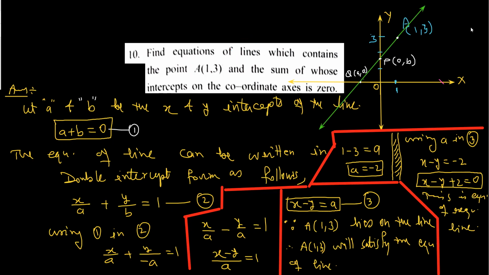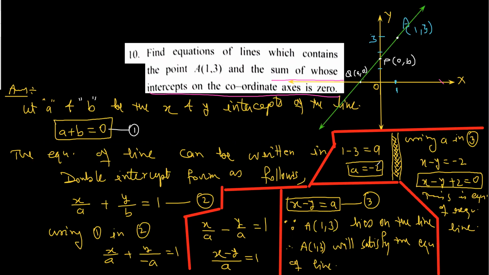Students, as I said, there could be two lines. Yes, I got the idea how they see. They are saying lines. So as I said, there could be two lines. The next line is to be obtained from the case which they have given. What was the case? They said that the sum of whose intercepts on the coordinate axis is 0.